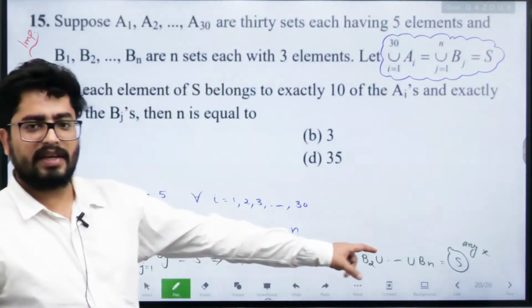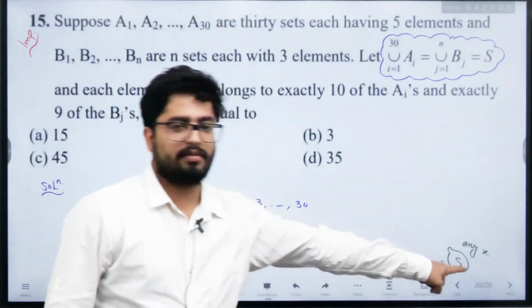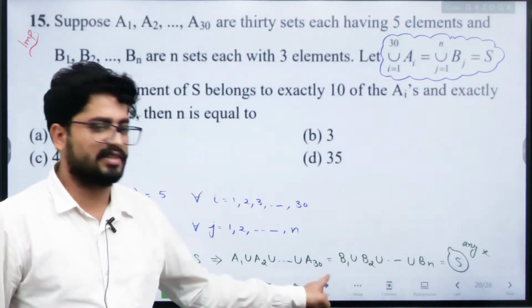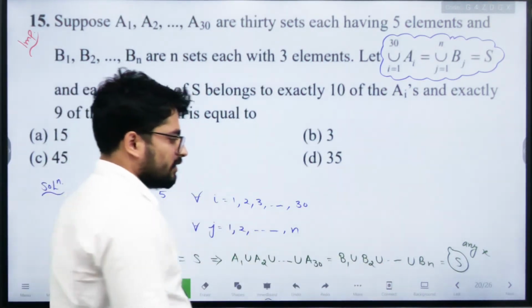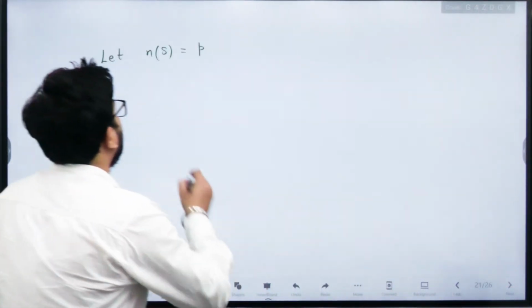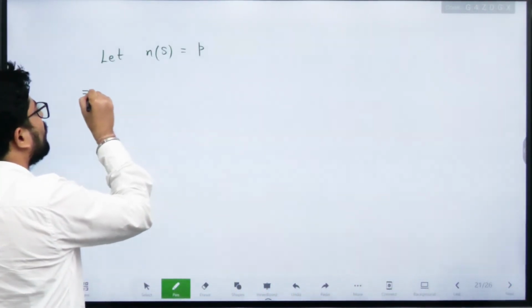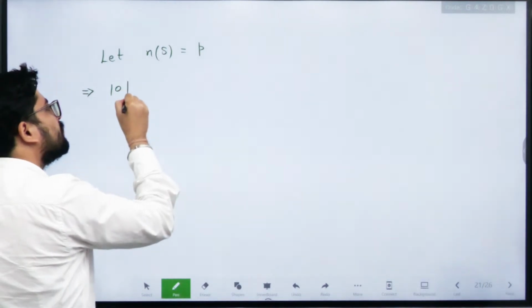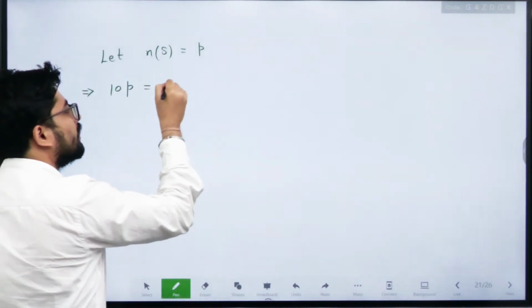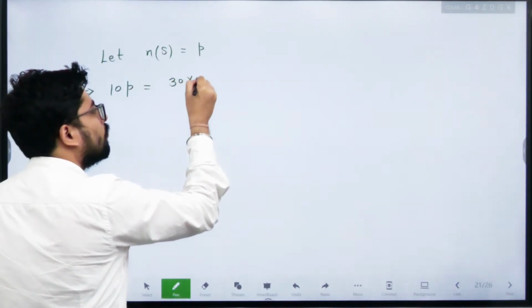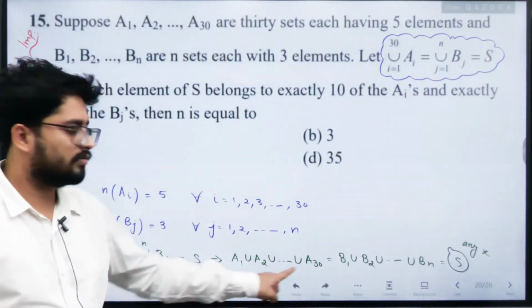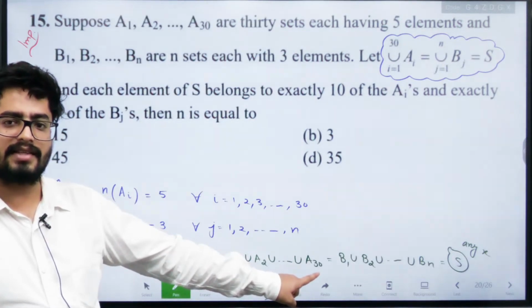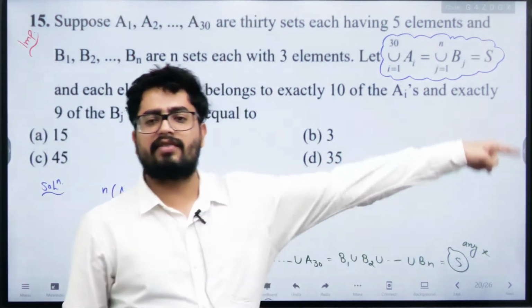Any element x is in 10 sets of Ai and 9 sets of Bj. So, according to the data, 10 times p is equal to 30 into 5. Why 30 into 5? Because we have 30 Ai's, and each has 5 elements.